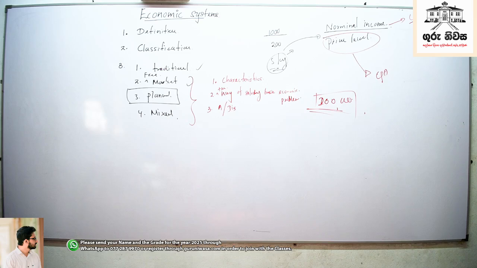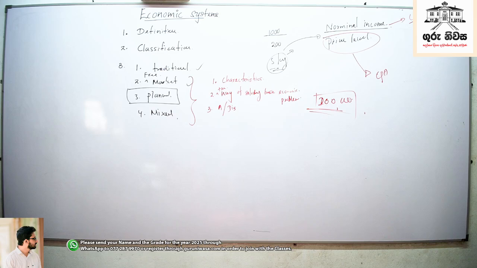Private enterprise versus public enterprise. Price mechanism, planning mechanism. People are induced by self-interest, versus social welfare, not profit motive. High competition, low competition. Role of the government is limited, role of the government is high.